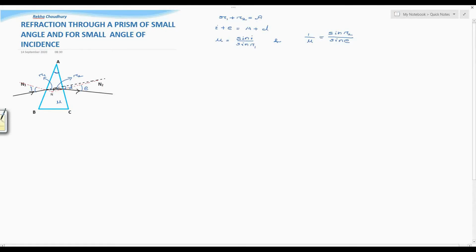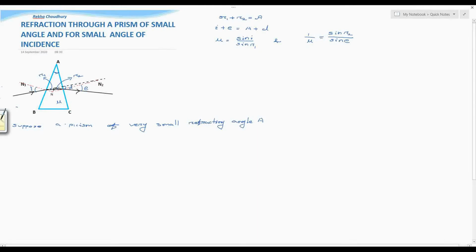So let us write. Suppose a prism of very small refracting angle A. So here the refracting angle A is very small.